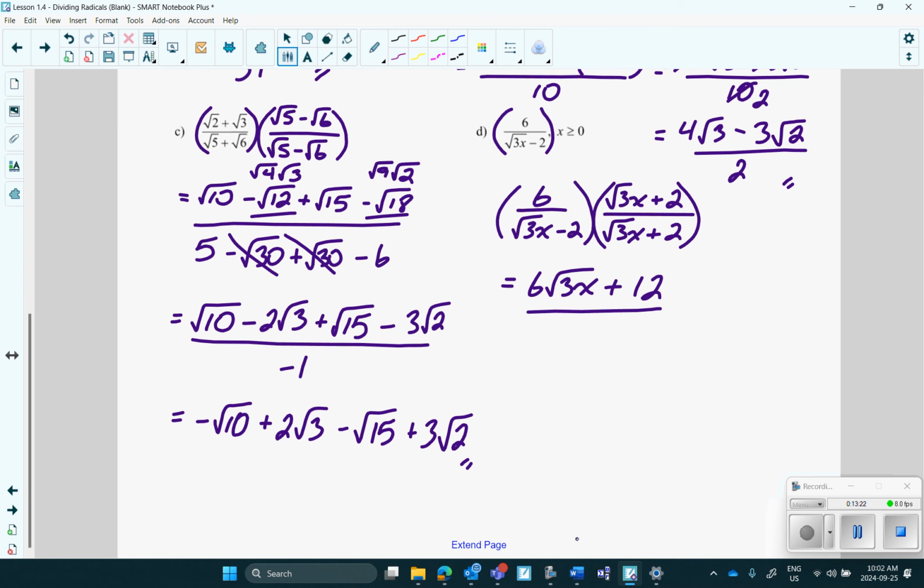What's root 3x times root 3x? Root 9x squared, which is just 3x. Then I get plus 2 root 3x minus 2 root 3x. Those cancel, and then at the last multiplication, I'll get minus 4.